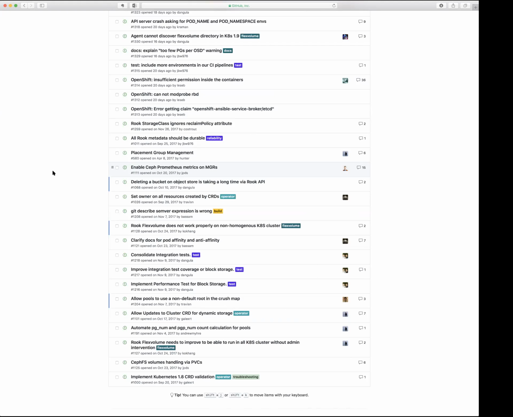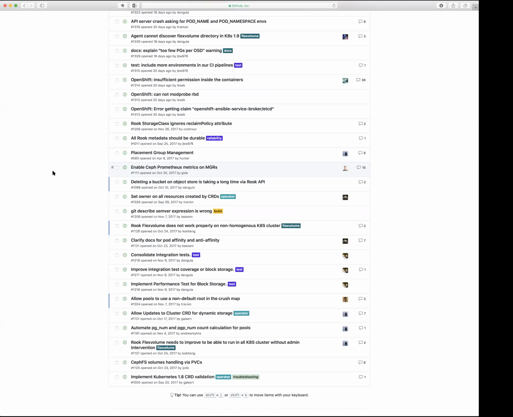We also will need raw block storage to be beta. So there's three things that I know so far that Rook needs from Kubernetes to be beta. Of course, we can do this if the user turns those on through feature gates.